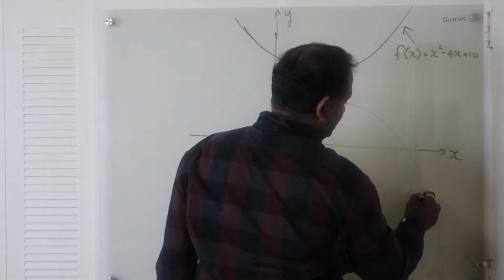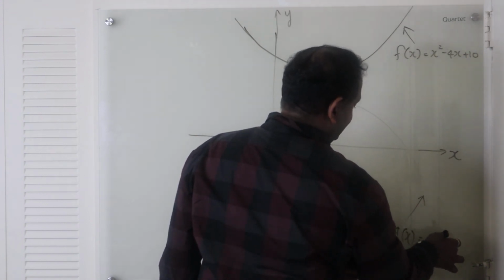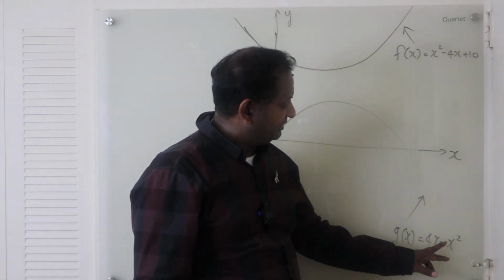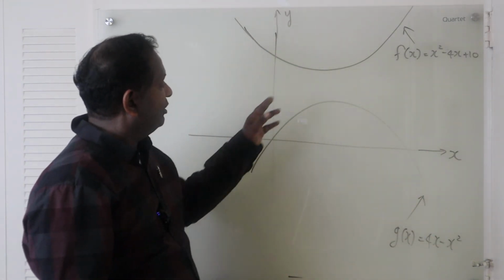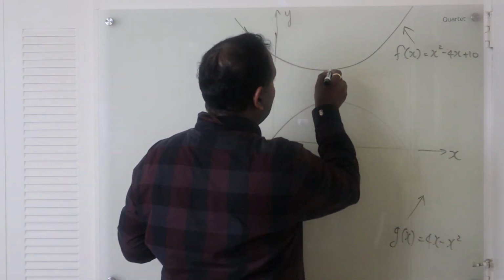This one is positive, open upward. This guy, g of x, 4x minus x squared, the leading coefficient is negative, therefore it opens downward. In another way, you have a maximum. Here we have a minimum.